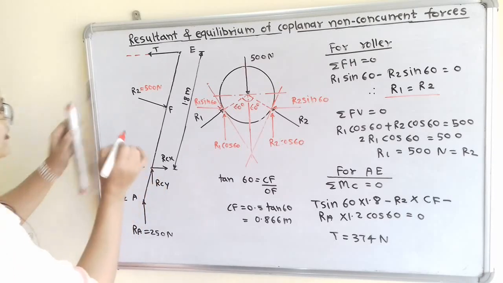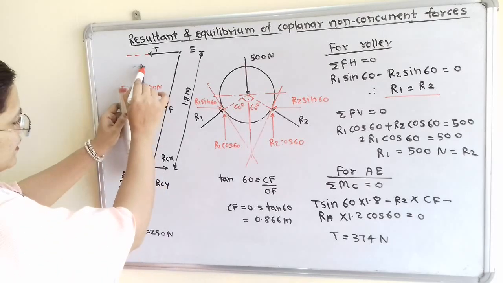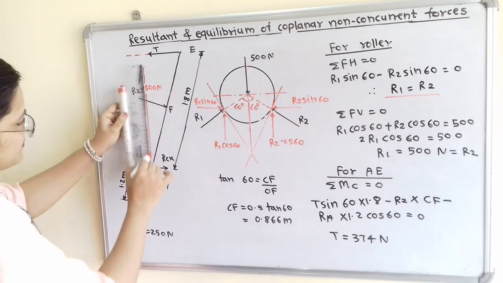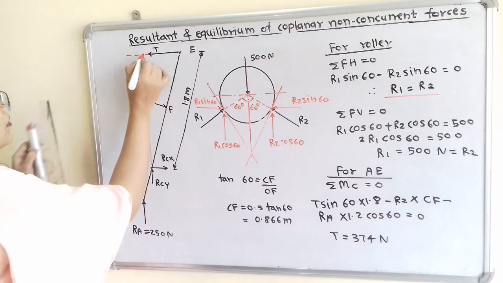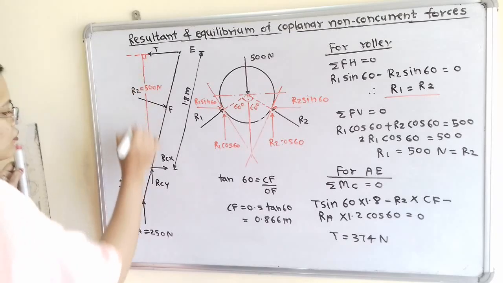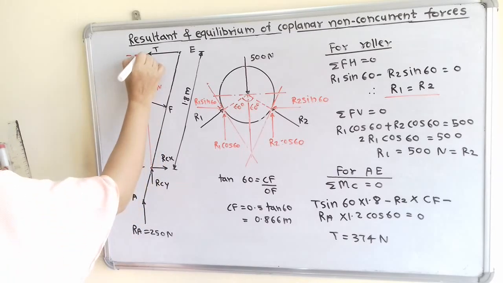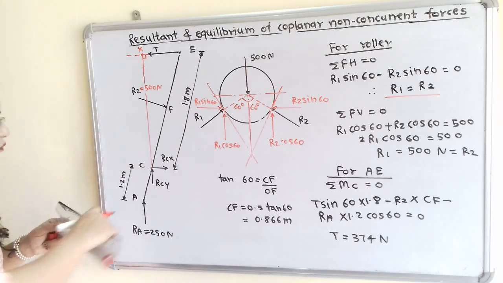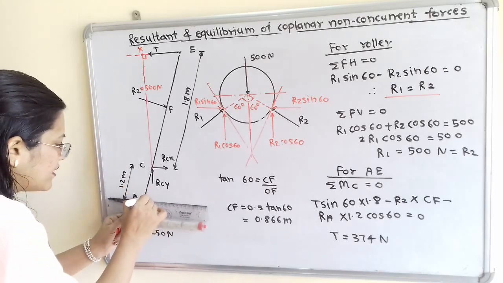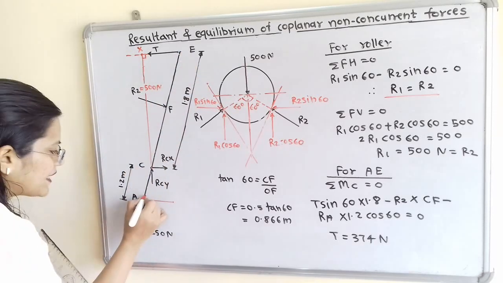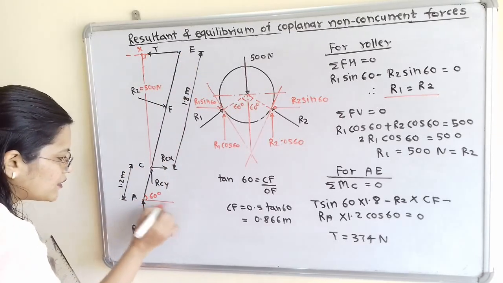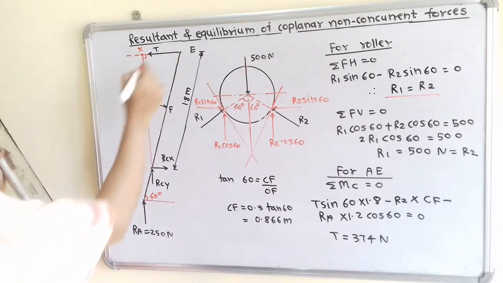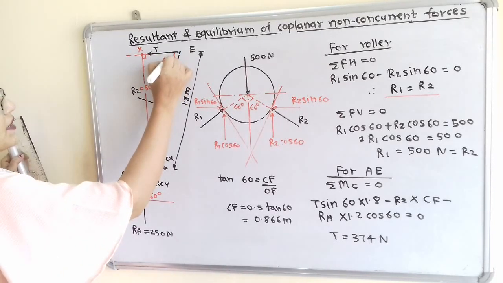Now from the point C, if I draw one perpendicular line, then here we have to find out this perpendicular distance. So this point of intersection, I will say X. Now in diagram we have given at point E, member AE is making an angle 60 degree with horizontal. Now this string is also horizontal and here also the angle is the same, that is 60 degree.